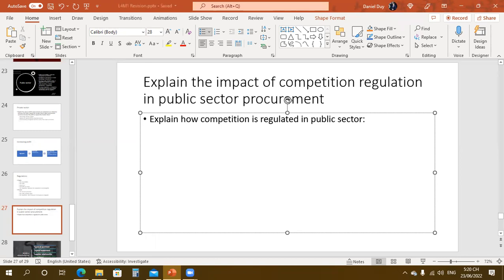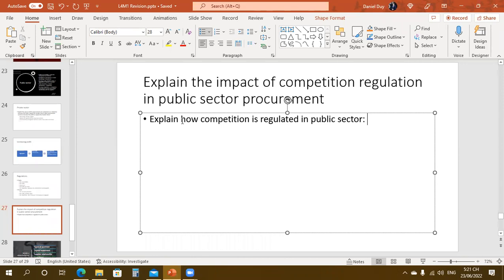In my country, my country is Vietnam, there's no requirement on minimum number of suppliers to open a tender. Even one supplier is enough for open tendering. But in other countries, they may need at least 3 or 2 or some bigger number of suppliers to open a tender.